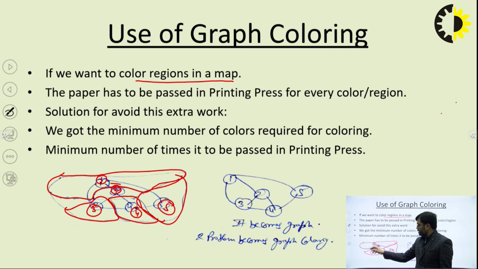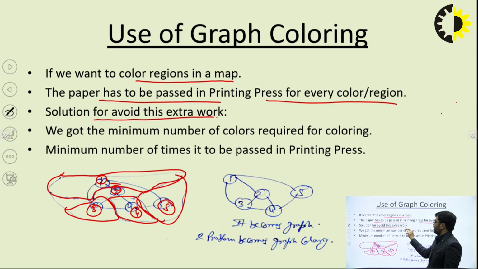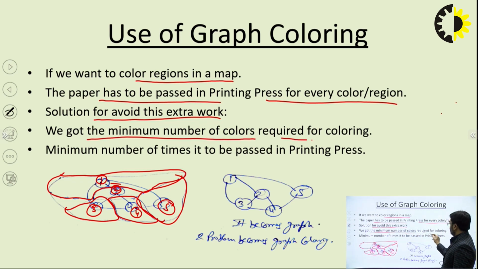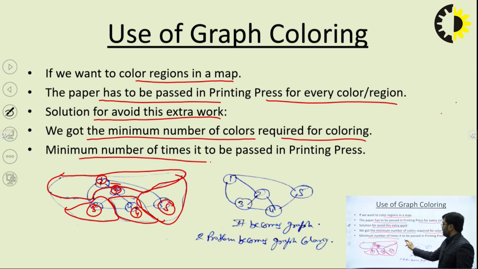For coloring this type of map in a printing press, the paper has to be passed through the press for every color and every region again and again. To avoid this extra work, we can use the graph coloring problem. We get the minimum number of colors required, which is the minimum number of times the paper has to be passed through the printing press.